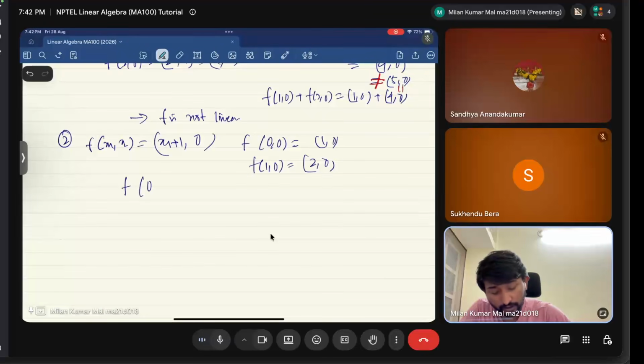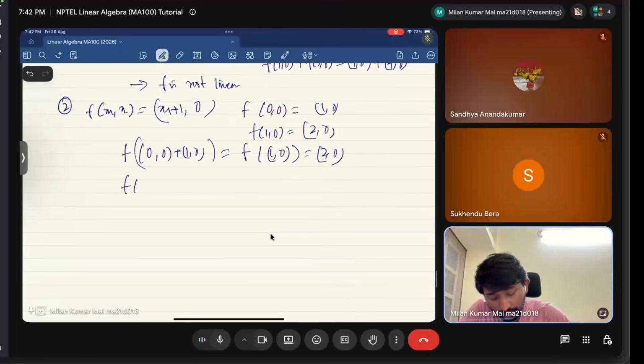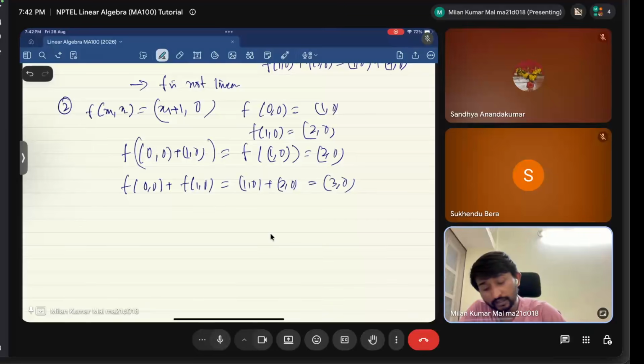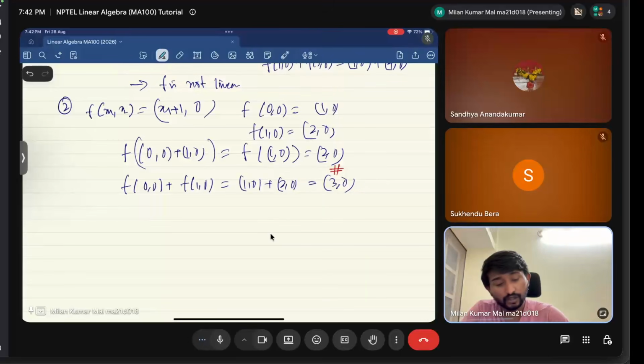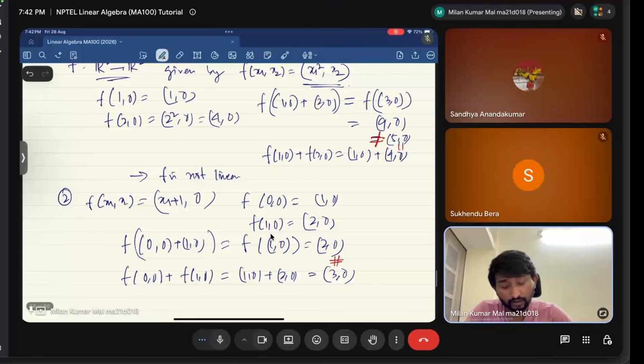So by the rules, f of 0, 0 plus 1, 0 has to be f of 1, 0, which is 2, 0. But if it is linear, then it should be f of 0, 0 plus f of 1, 0, which is 1, 0 plus 2, 0, which is equal to 3, 0, and these two are not equal. So f is also not linear.